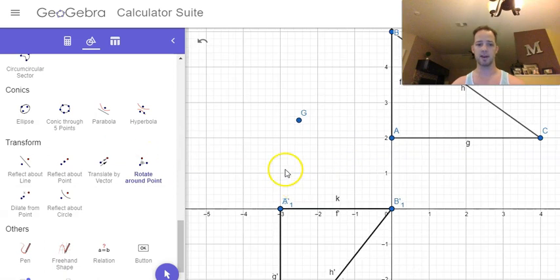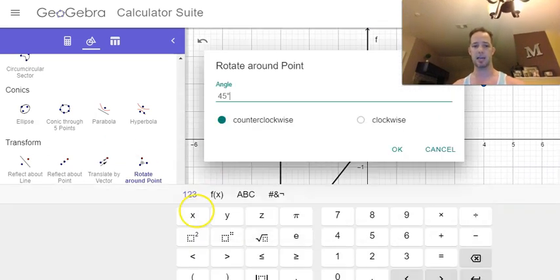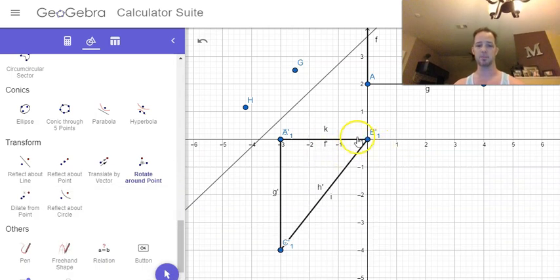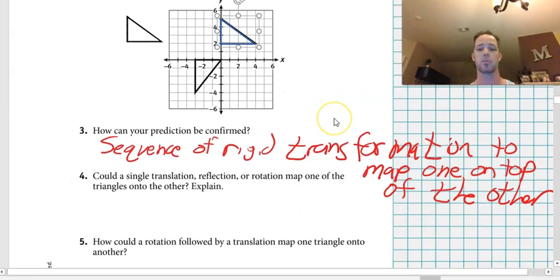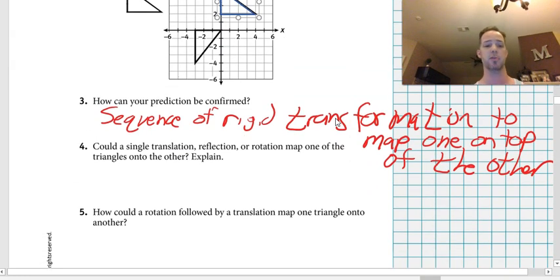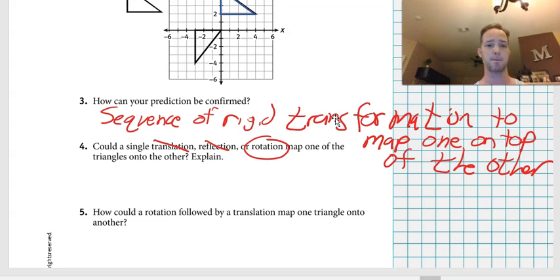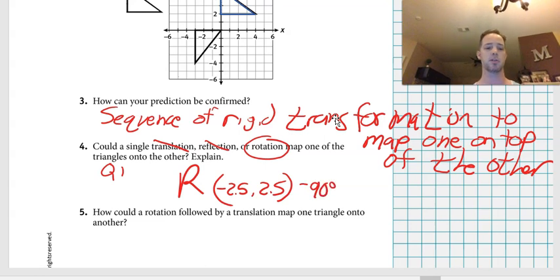I do see that, in fact, this does get A prime, B prime, and C prime all mapped on top of the other one perfectly. They literally rotate exactly on top of that one. So our initial thought would have been no, but there is actually a rotation. I could have rotated the top figure, the Q1 figure. So yes, there is actually a rotation that we could do for that one.